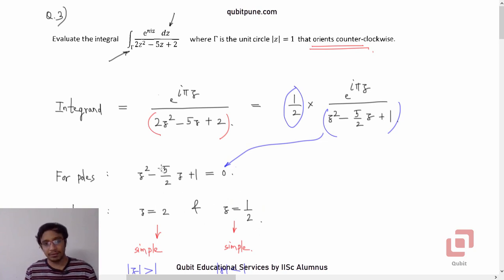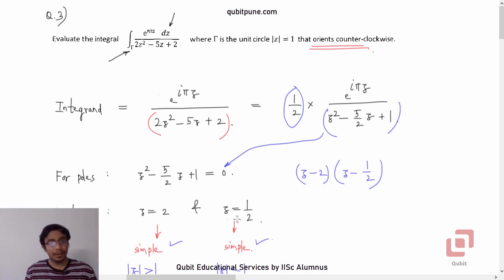The sum has to be minus b by a, which is 5 by 2, and the sum of these roots is again 5 by 2. Yes. Now let us try to find the location of these two poles. This can be factorized as z minus 2 into z minus 1 upon 2. So both are simple poles, meaning their order is 1.